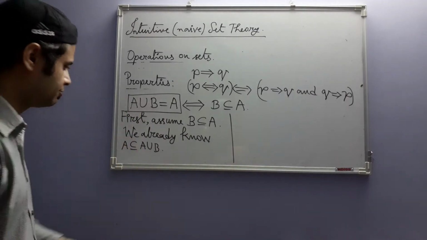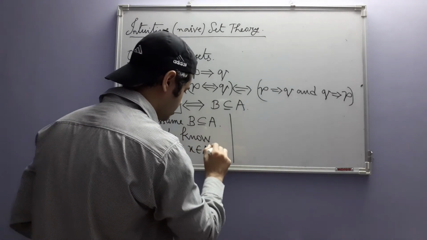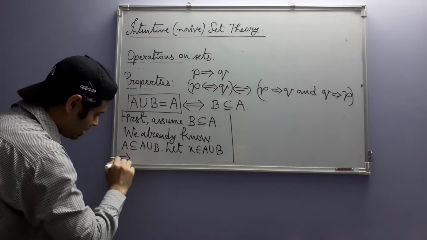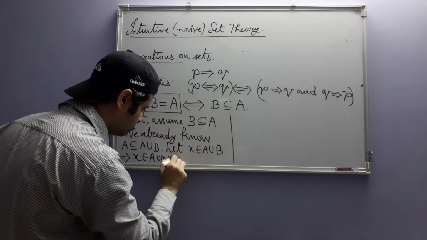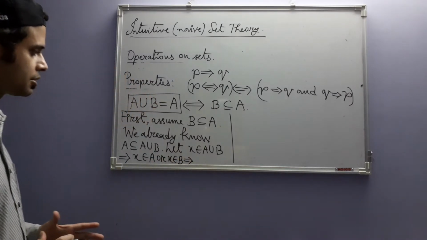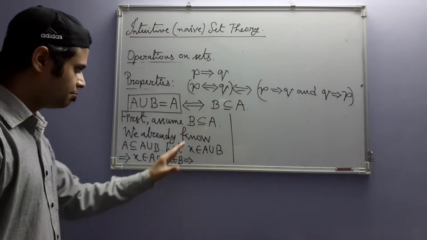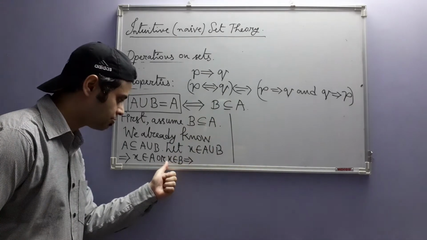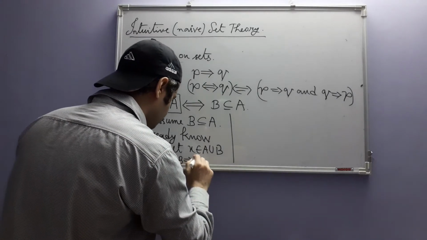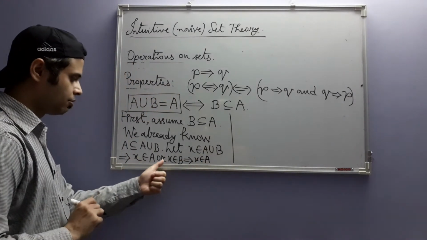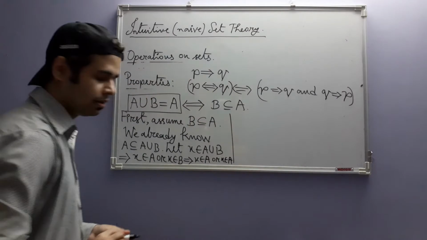A union B is a subset of A. So let X belong to A union B. So this implies, you just apply the definition of union, X belongs to A or X belongs to B. Okay, now comes the point where we have to use whatever we have assumed. See, B is a subset of A. That means whenever X belongs to B, X must belong to A. So X belongs to A stays like that, or in place of X belongs to B, I can write X belongs to A.